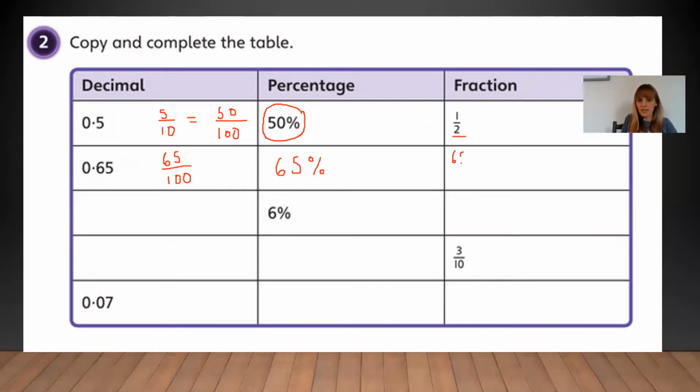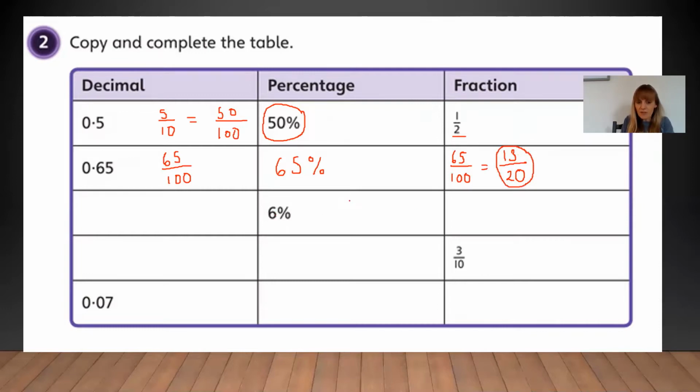So let's have a look. 65 and 100, which times table do they both occur in? They're both in the 5 times table, aren't they? So if we divide 65 by 5, we get an answer of 13. And if we divide 100 by 5, we get an answer of 20. So actually, in its simplest form, it's going to be 13/20ths.